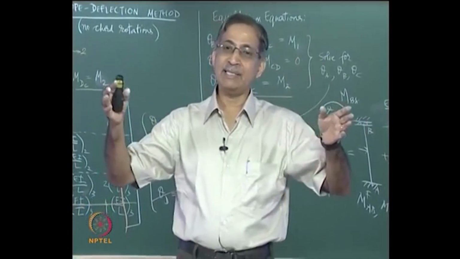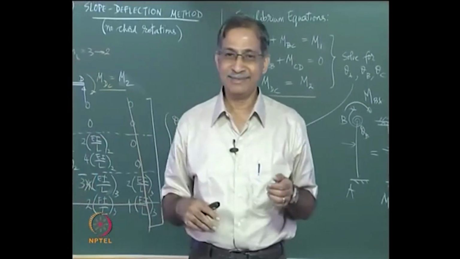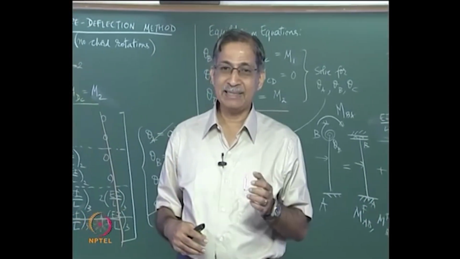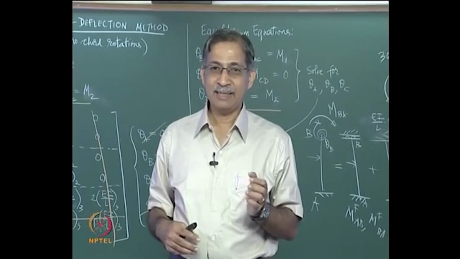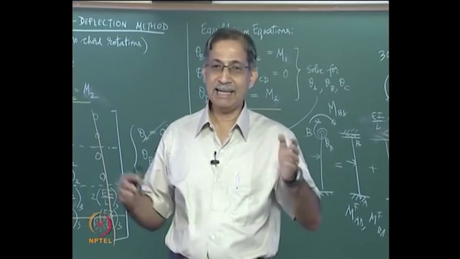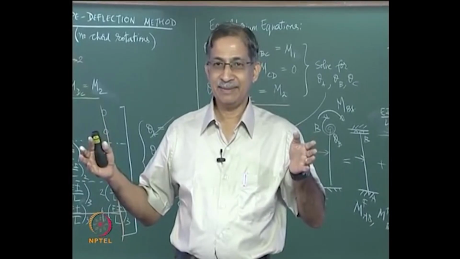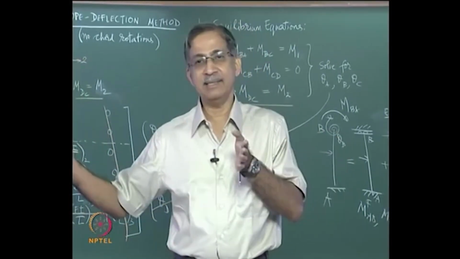Will the behavior change if it moves horizontally? That is what is happening here. That 3 EI by L is the relationship of the moment at B in that simply supported BC. So let it sway like a rigid body, it does not make a difference.